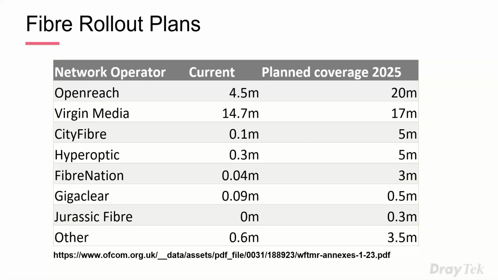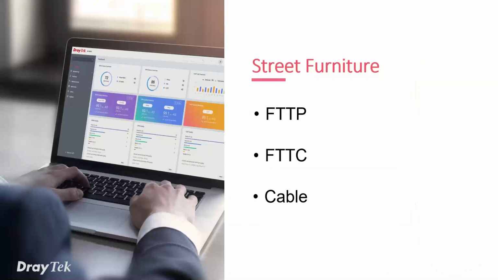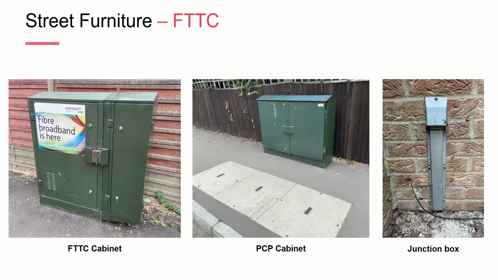So let's now look at the street furniture and what we would see on the network around the country. We'll be looking at FTTC, FTTP, and cable. Firstly, the FTTC. Not going to dwell on this much, but it's just worth putting it into context. The FTTC stuff is generally the green cabinets you see. So you've got the traditional FTTC cabinets that often have some sort of branding, like "fibre broadband is here" type things by Openreach.